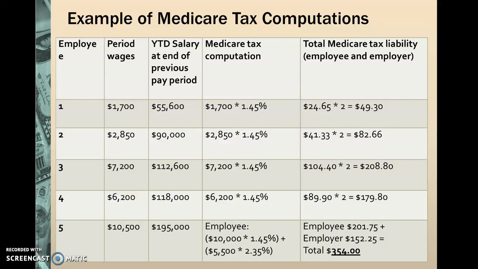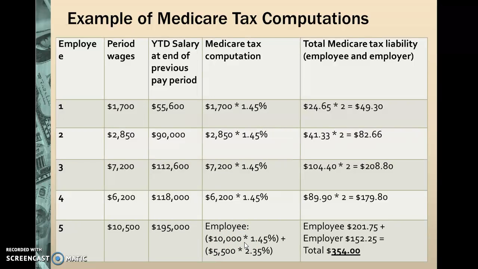Now, on employee number 5, as you notice, they have already earned $195,000. Remember, for Medicare, if you're over the $200,000, you are going to have to pay that extra percentage. So the employee would take $10,000 multiplied by 1.45%.